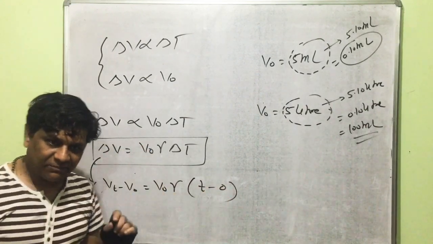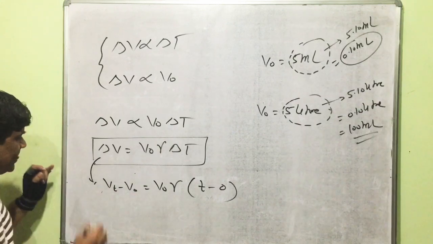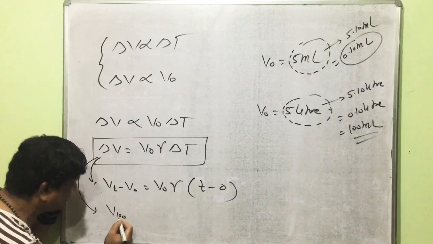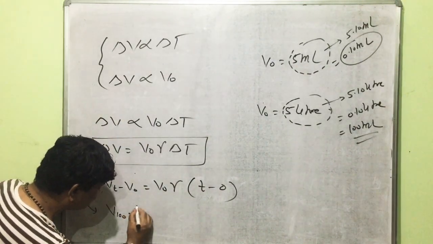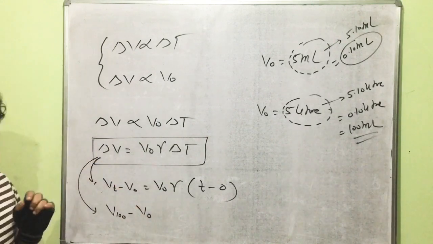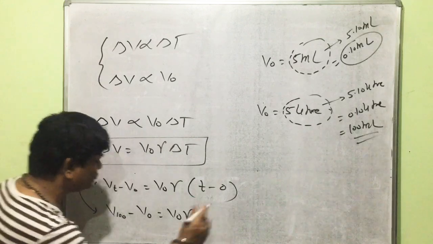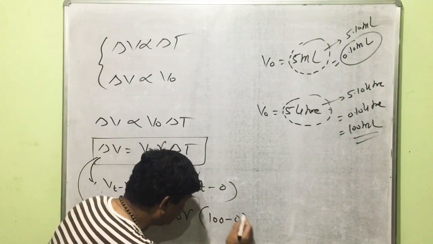So this is one relation we are developing in class for the change in volume, Vt minus V naught. Now one more relation we will develop. The final volume at 100 degrees Celsius minus the initial volume at 0 degrees Celsius is equal to V naught into gamma into the change in temperature, which is 100 minus 0.